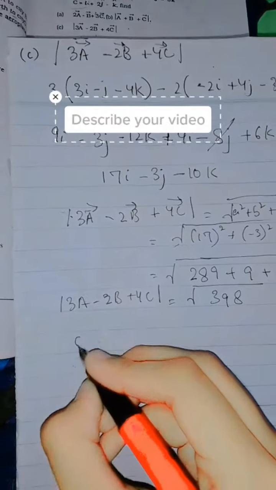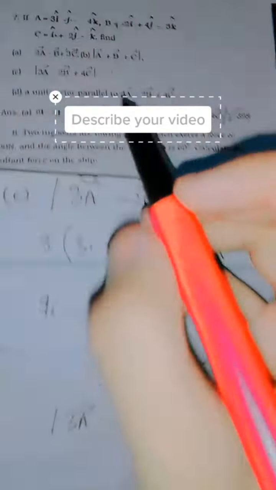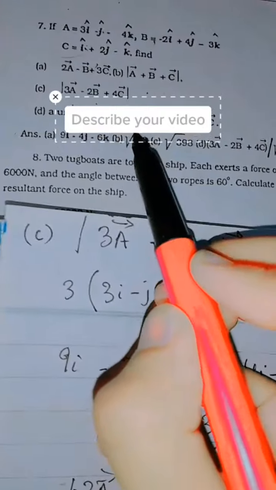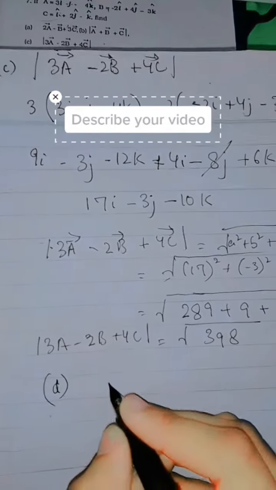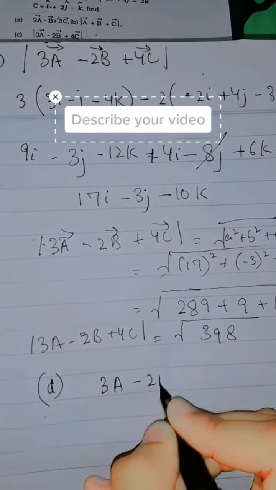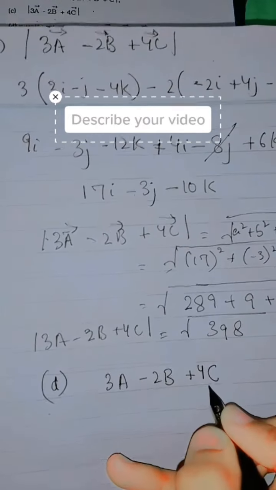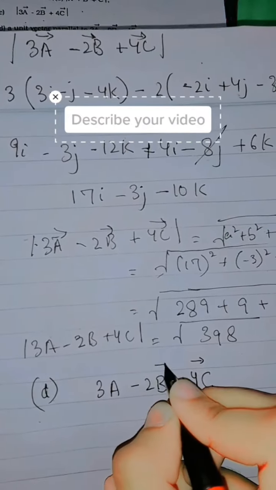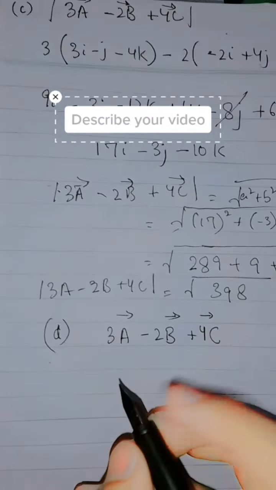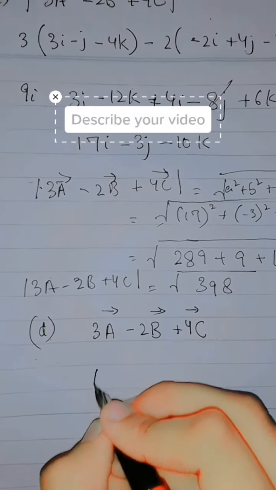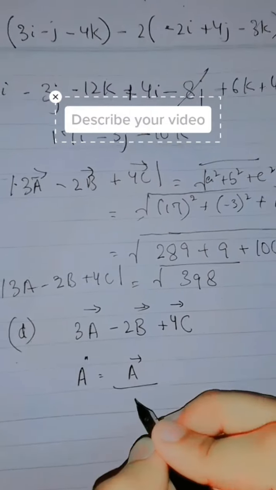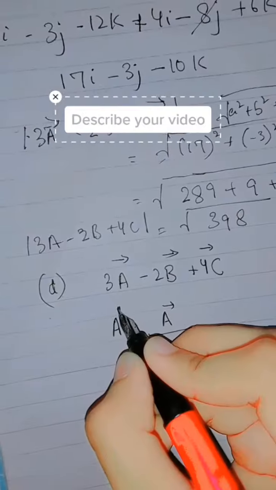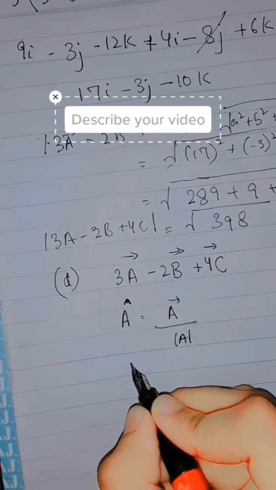Now talking about part D, that is a unit vector parallel to 3a minus 2b plus 4c, that is this value. What is the formula of a unit vector? The formula for the unit vector is that. So now we have to find the unit vector.